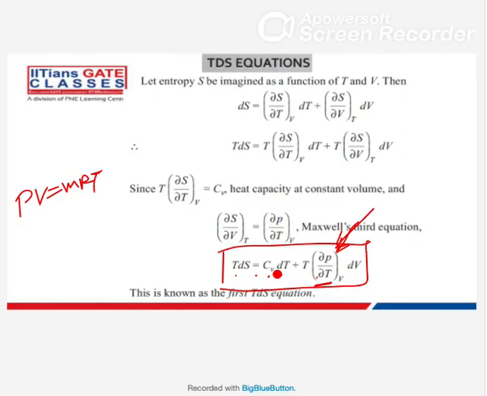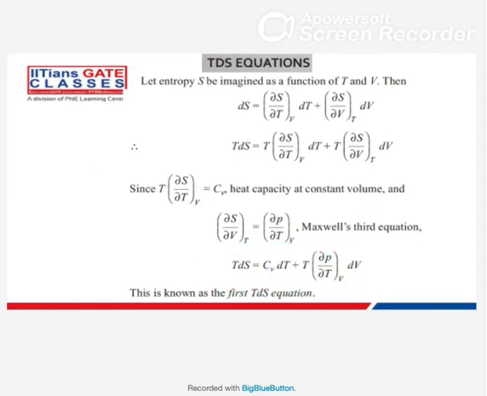So internal energy is a function of temperature only for ideal gas, because in that case this particular term will become 0. Now for other gases, for any real gas, if volume is constant, then only TdS will be CV dT.